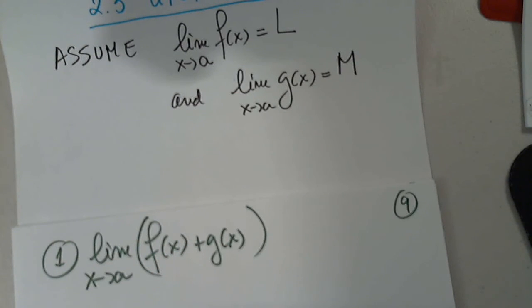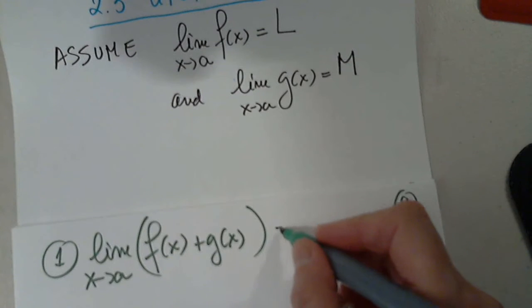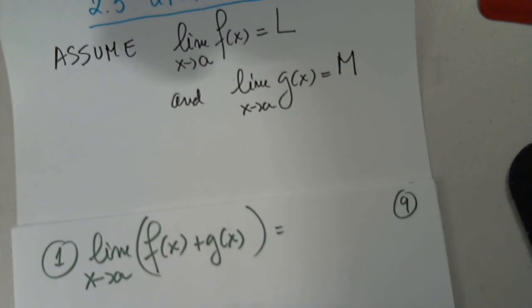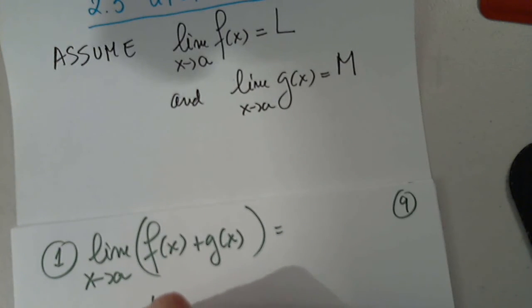Number 1, the limit of f of x plus g of x as x approaches a. What do you think this will equal to? What do you think? Wild guess. L plus M? Yes. So what this really means is this: the limit of a sum of functions is the sum of the limits.